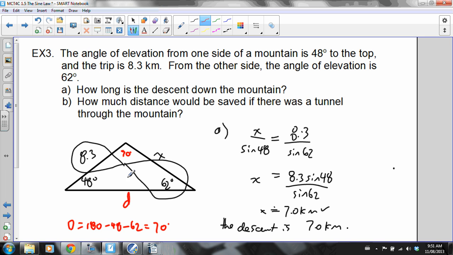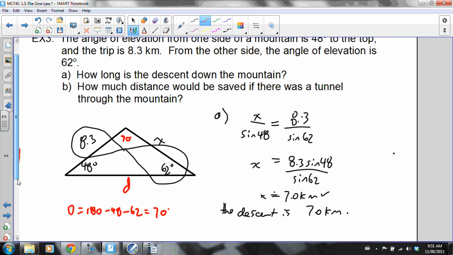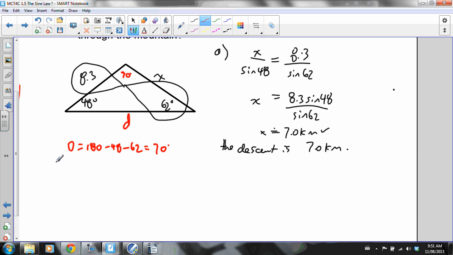Now I can use the sine law again to find D. D over the sine of 70 is, I'm going to use the stuff that was given to me. Again, sides on the top here.